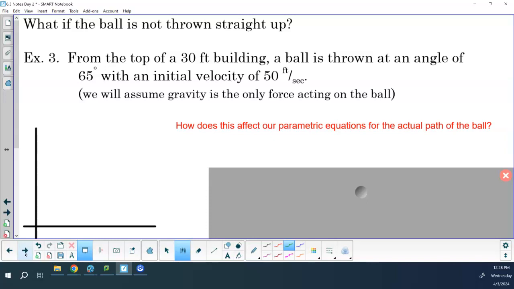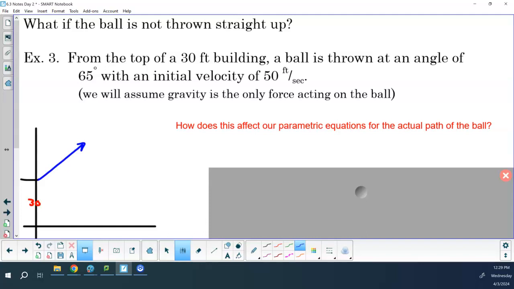So to take all of that in, now, instead of launching it straight up and down 30 feet in the air, we're going to launch it at an angle.